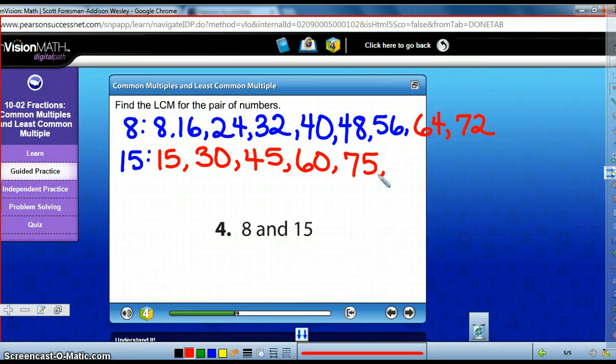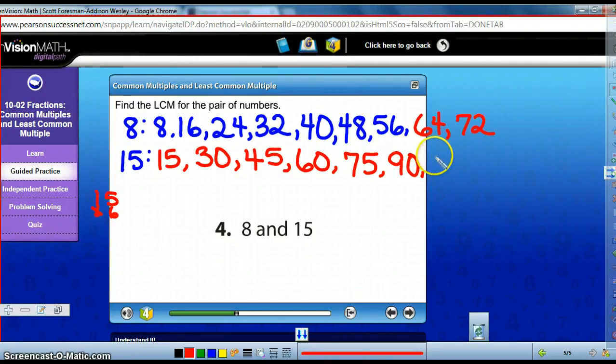We have to keep going. Okay, 15 times 6, which is going to be 15 more. So 10 would be 85, 5 would be 90.